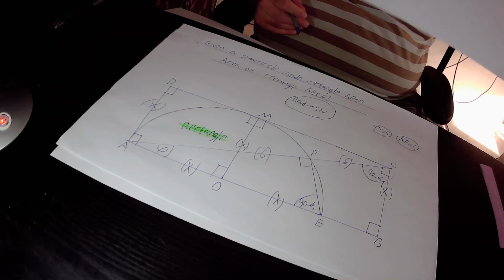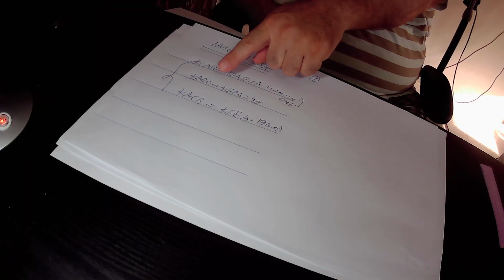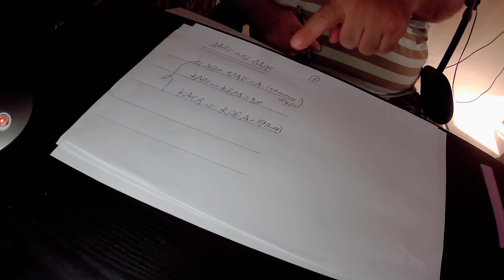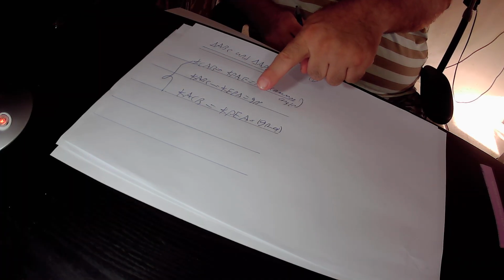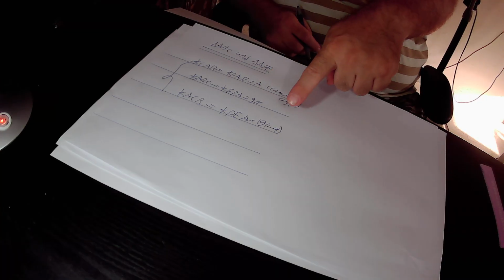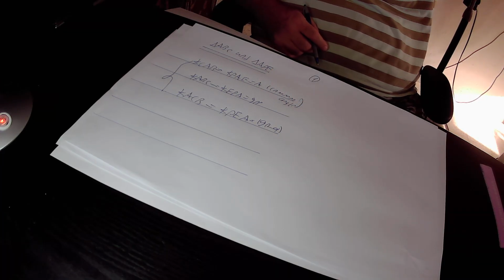So again, we found out that angle ACB in the big right triangle ABC equals to angle PEA in the small right triangle APE. They are both equal to 90 degrees minus alpha, therefore they are equal to each other.